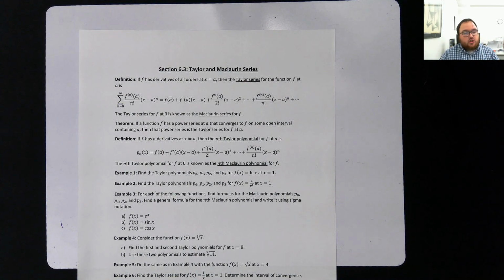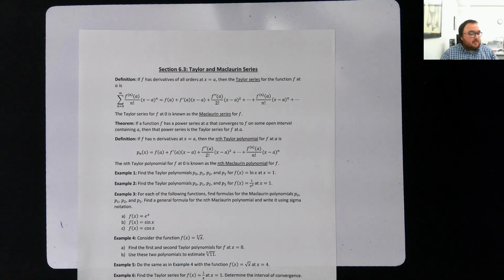be written geometrically. So let's define what a Taylor and Maclaurin series is, or what they are. If f has derivatives of all orders at x equal to some a, they will tell us what the a is.